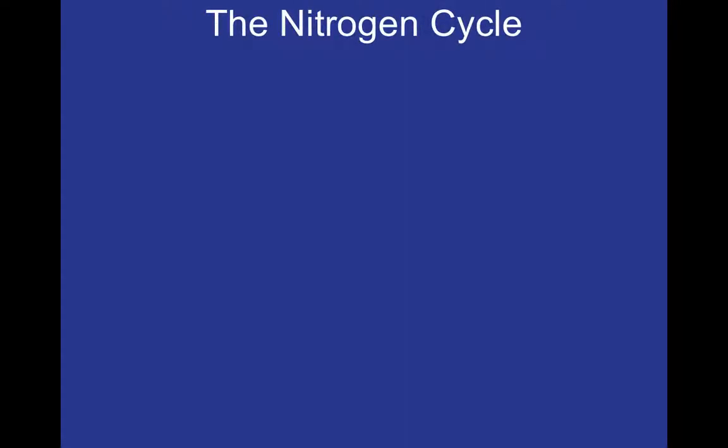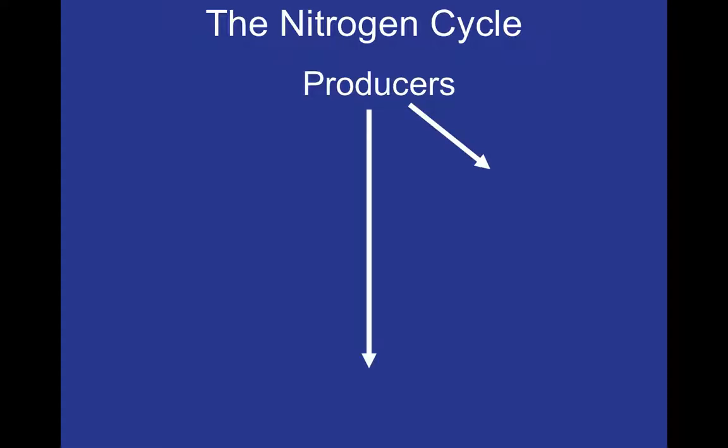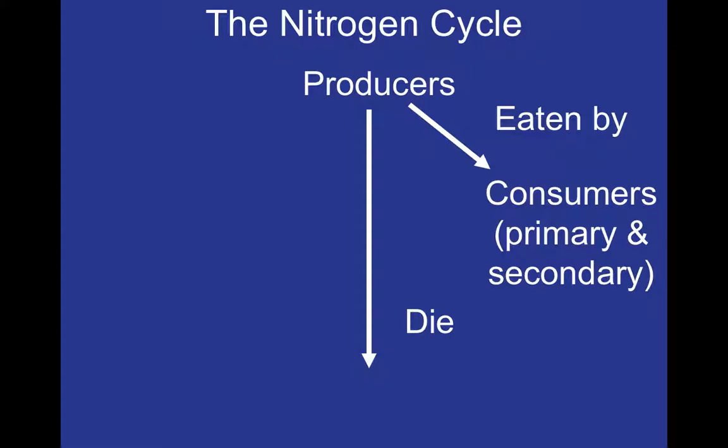So the last cycle we want to look at here and sketch is the nitrogen cycle. So we're going to start off with the producers, and the producers basically have two options in life. They can get eaten by something or they can die. Well, what do they get eaten by? Well, they get eaten by consumers. They can get eaten by primary consumers, and then those primary consumers can get eaten by secondary consumers, and so on. They can also die and go to the decomposers.